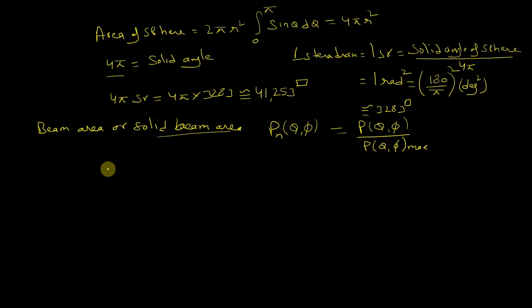So you can write this beam area is given by omega A, that will be equal to the integration over the sphere, for phi equal to 0 to 2 pi, because phi will vary from 0 to 2 pi and theta varies from 0 to pi. So this is the integration of the normalized power, sine theta d theta d phi.